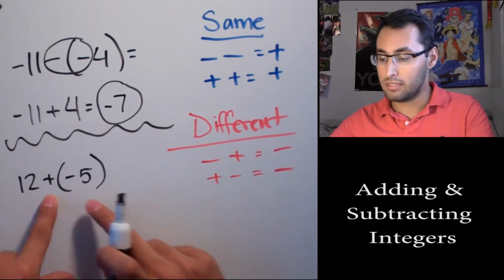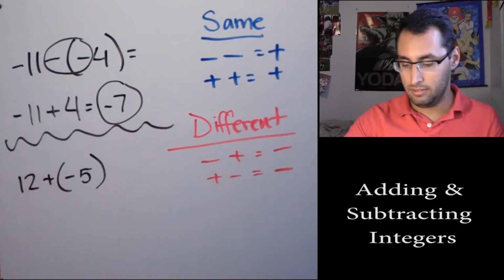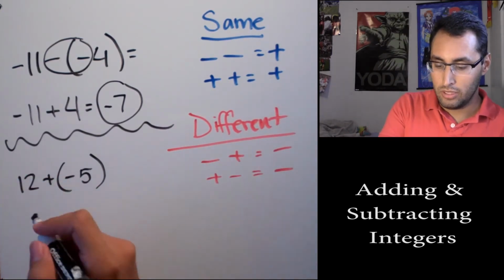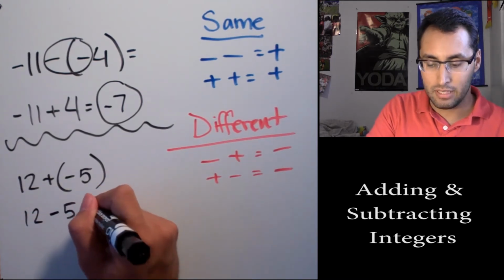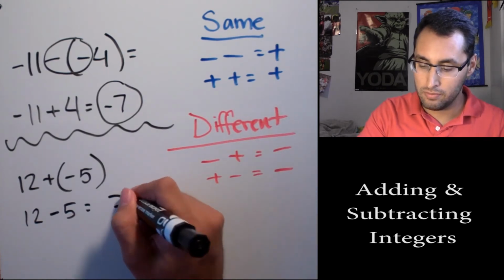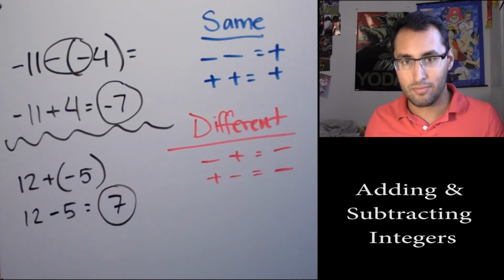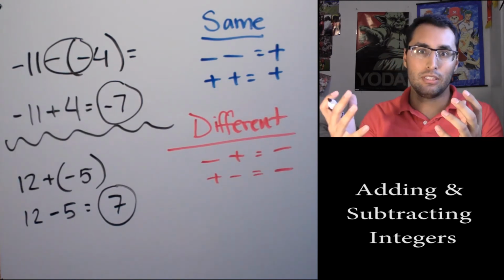We have a plus, we have a minus. So over here, different, it's always going to be a minus. Alright, so let's change it. So this actually translates to 12 minus 5. And 12 minus 5, just automatically subtract those two. It's just 7.